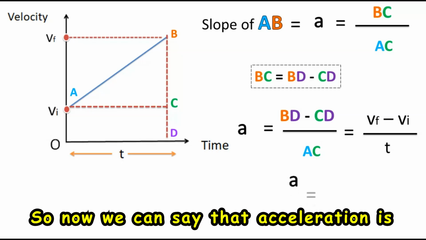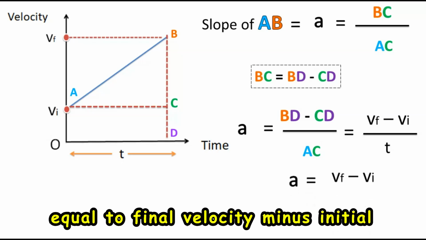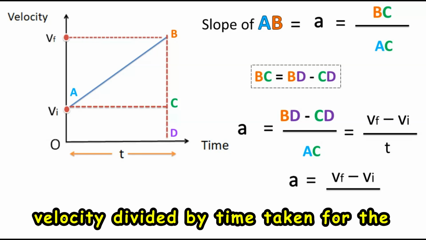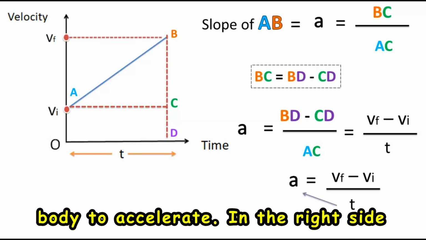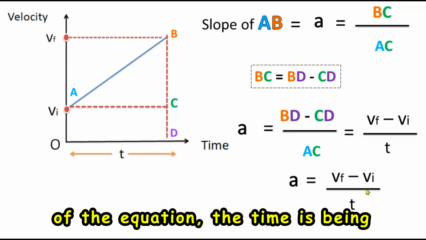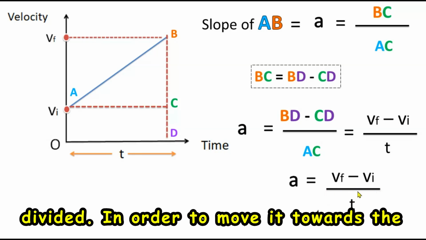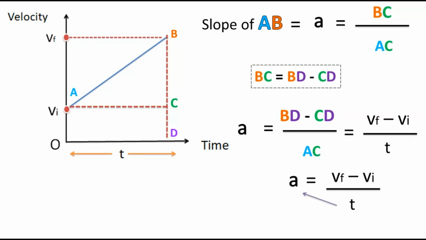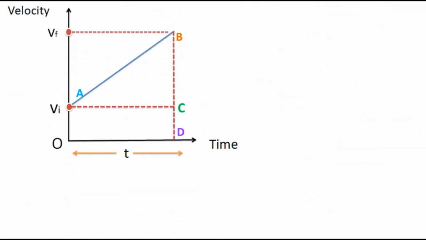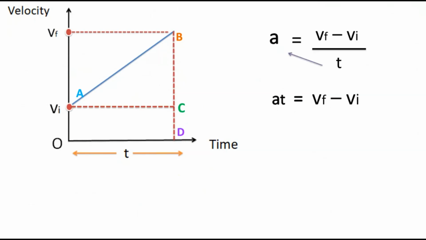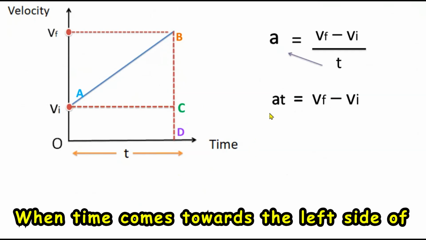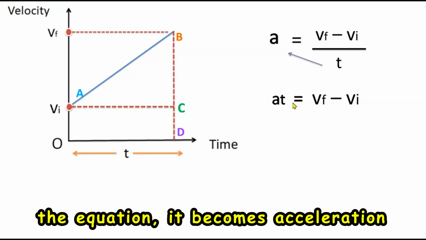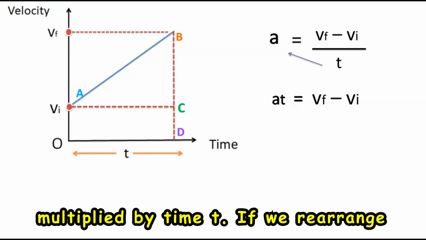So now we can say that acceleration is equal to final velocity minus initial velocity divided by the time taken for the body to accelerate. On the right side of the equation, the time is being divided. In order to move it towards the left side, it will be multiplied. When time comes towards the left side of the equation, it becomes acceleration multiplied by time t.